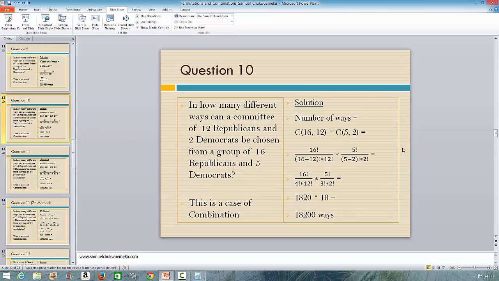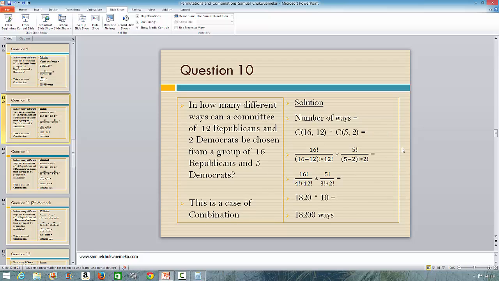Question 10. In how many different ways can a committee of 12 Republicans and 2 Democrats be chosen from a group of 16 Republicans and 5 Democrats? This is still a case of combination because they didn't go into specifics about what positions had to be chosen.